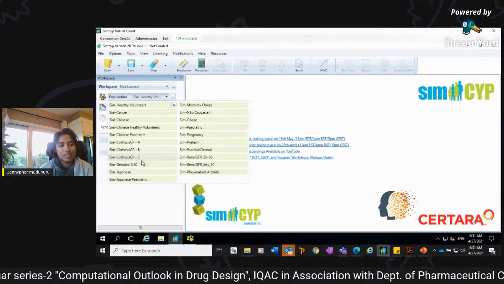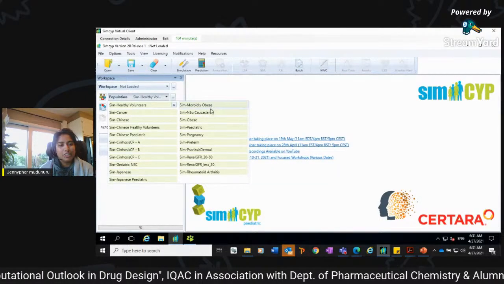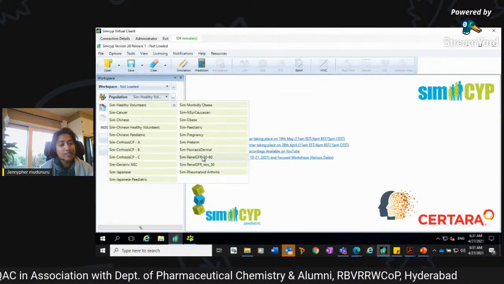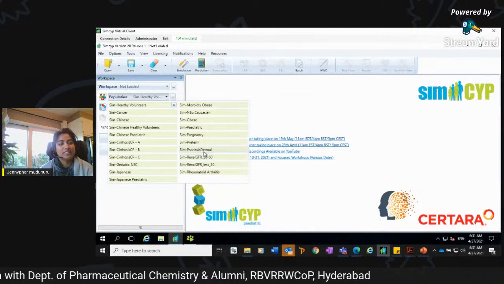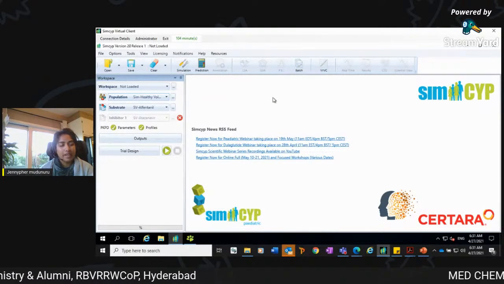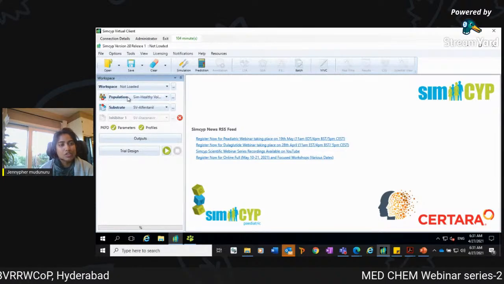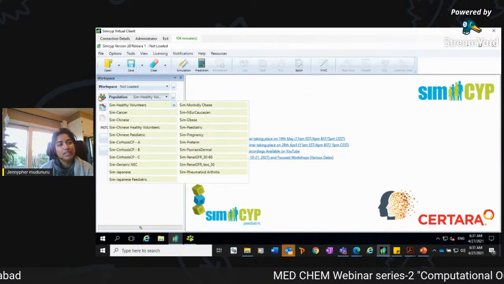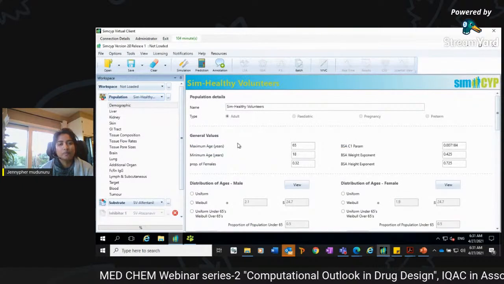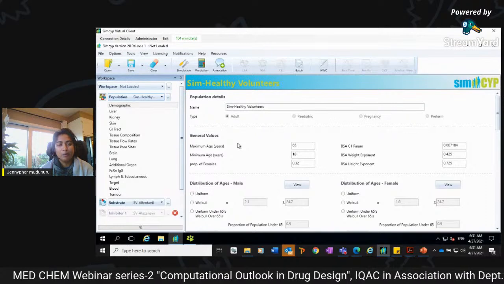We have geriatrics, Japanese population, pediatrics, pregnancy and preterm, renal and rheumatoid arthritis, and there's a dermal one too. So it's quite a comprehensive system. What goes into all these are the various parameters used in building a population.